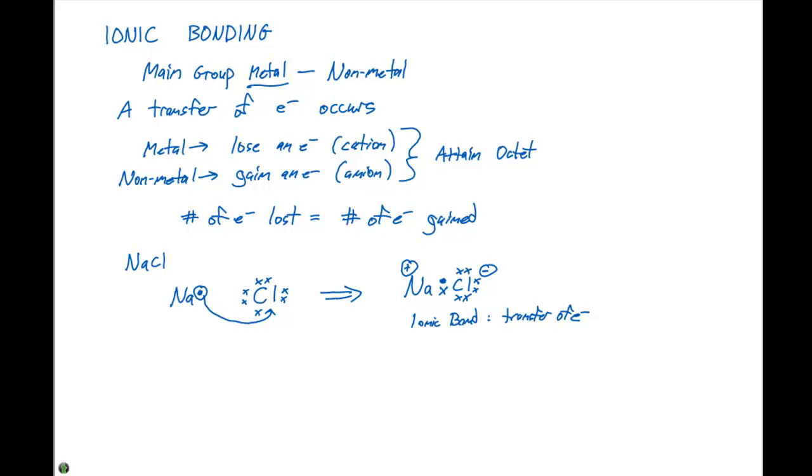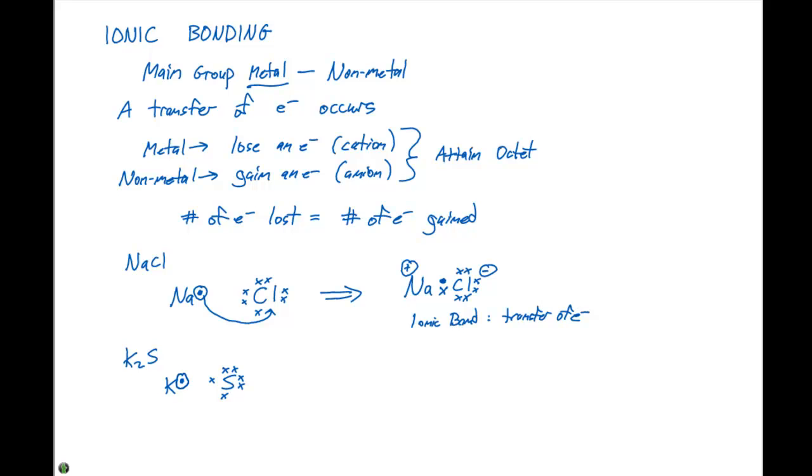We can also look at other structures, such as potassium sulfide. Potassium sulfide has a formula of K2S, and in this case, we have a sulfur which has 6 valence electrons, and potassium, which has 1 valence electron.